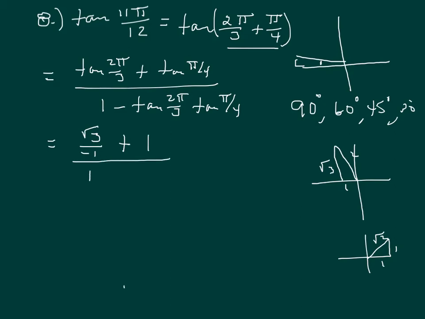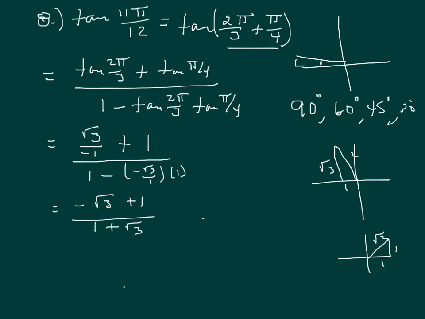And on bottom we have 1 minus square root of 3 over 1 times 1. That gives us the minus the square root of 3 plus 1 over 1 plus the square root of 3.